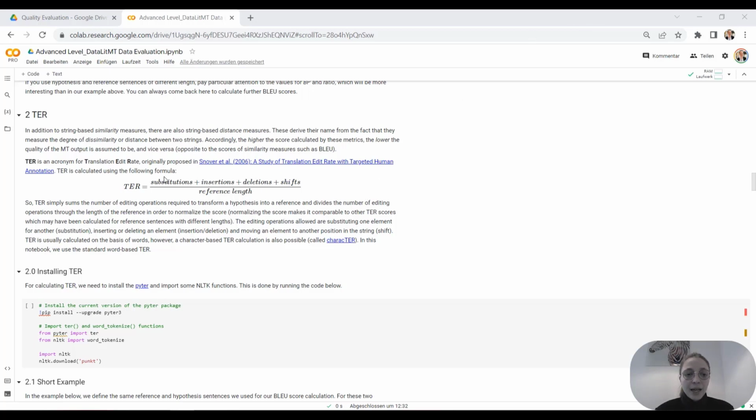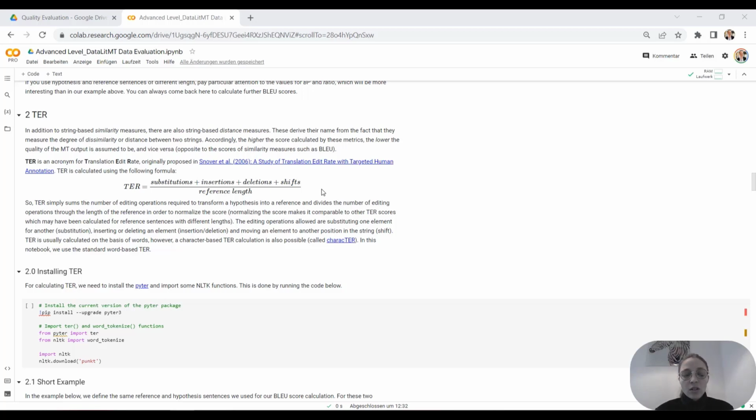The difference also here is that the lower the TER value, the higher the quality. So opposite to BLEU, we actually want a very low value of TER, because TER calculates and adds the editing operations that would be required to transform a machine-translated hypothesis into a human reference.